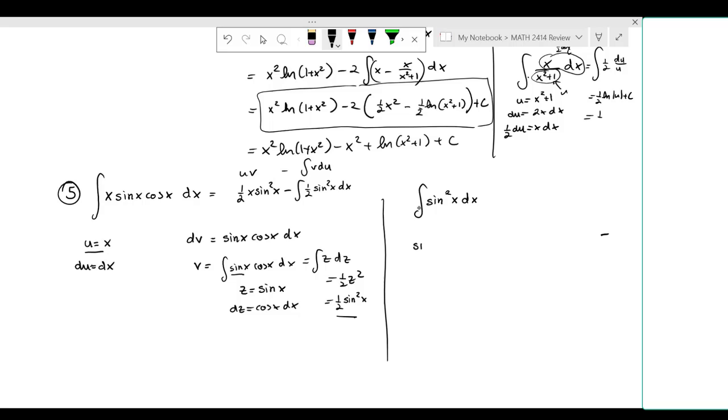Yeah. So if you have sines and cosines, right, and you have even powers for both, you might need to use an identity or two. I think they're called power reducing identities.